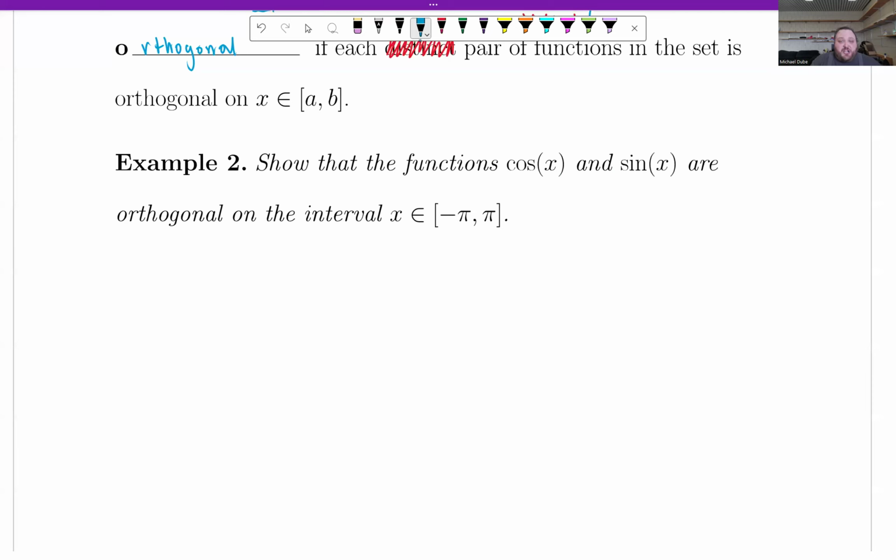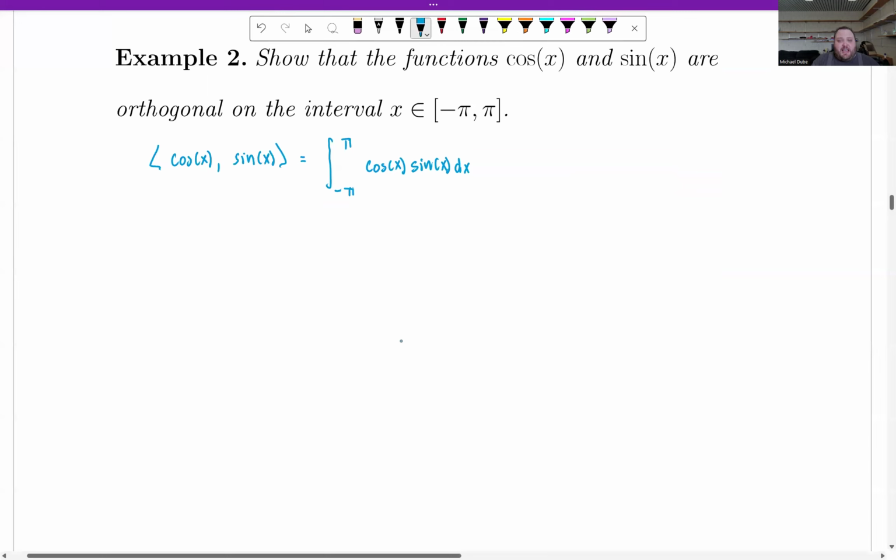So that means we want to show that the inner product of cos x and sine x, which is defined to be the integral from negative pi to pi of cos x sine x dx. Okay? And we want to show that this is 0. If it's 0, then that means cos and sine are orthogonal. Okay? Good. So we'll go ahead and start doing that.